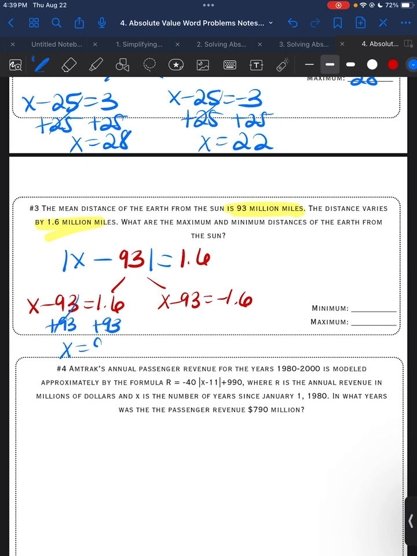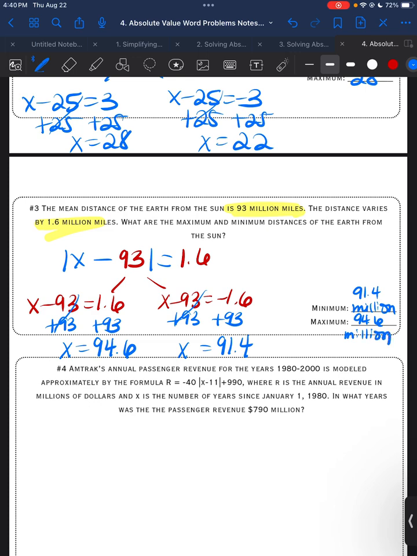So we have 94.6, 91.4. So since we were talking about million and we didn't put all the zeros, I'm going to just put the word million for my final answer. So minimum is 91.4. Maximum is 94.6 million.